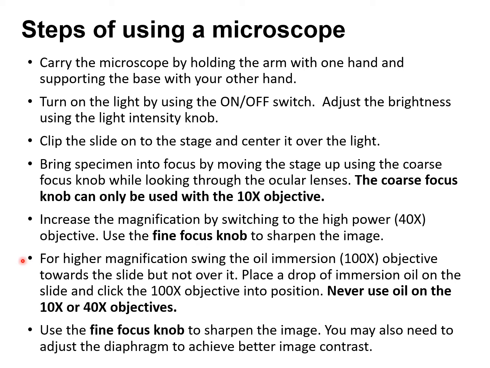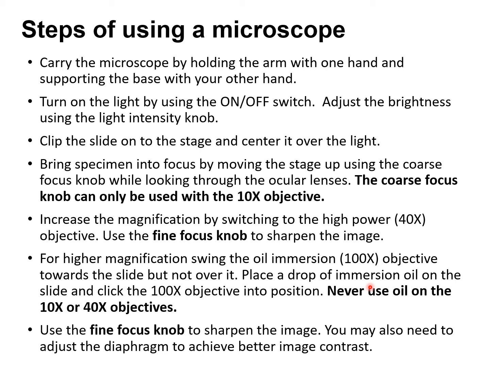After you fine focus your image, you're going to have to move on to the 100x objective. Now with the 100x, you're going to put a drop of oil onto your slide, and then you're going to move the 100x so that it makes contact with the oil.